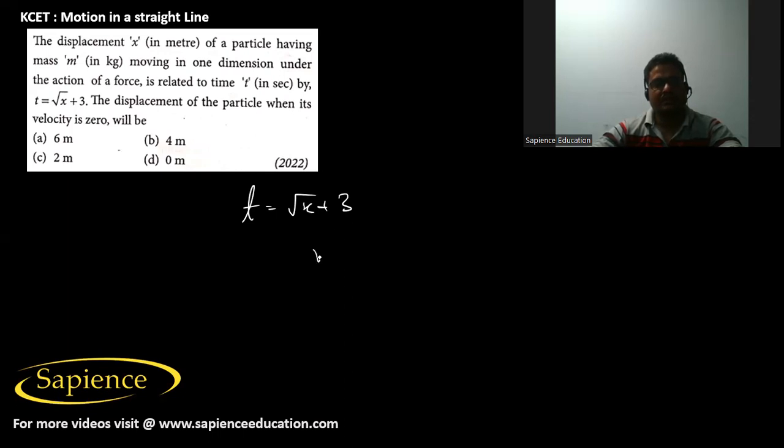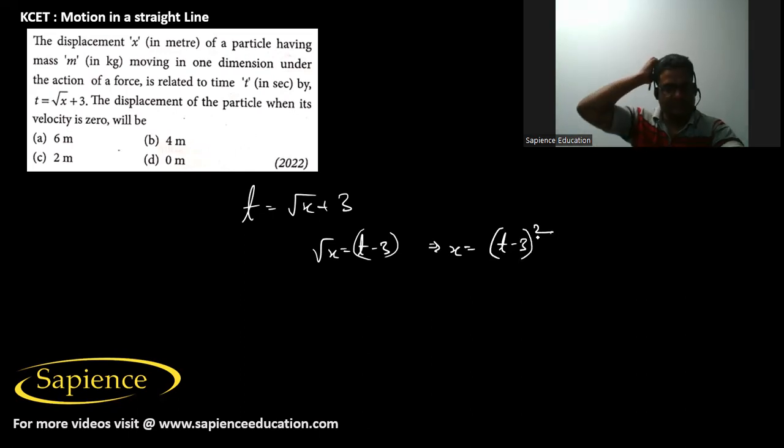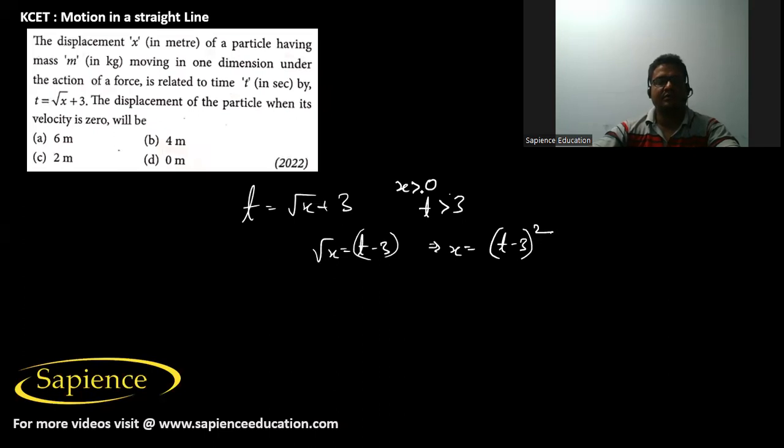So here we can see that root x will be equal to t minus 3. So therefore I can write x will be equal to t minus 3 whole square. And x will be obviously greater than 0, so t should be always greater than or equal to 3.